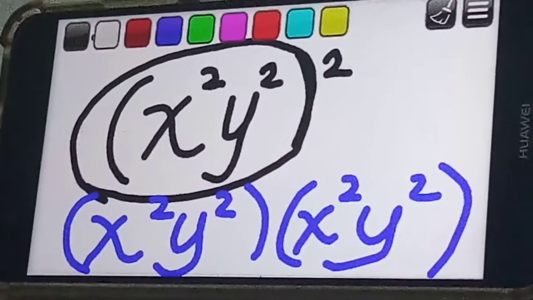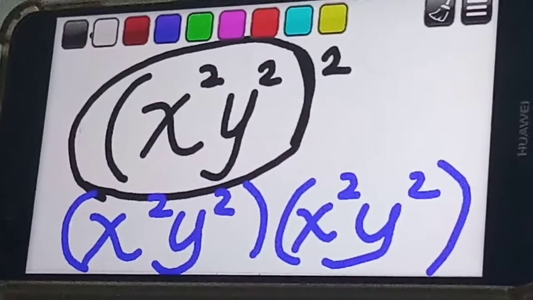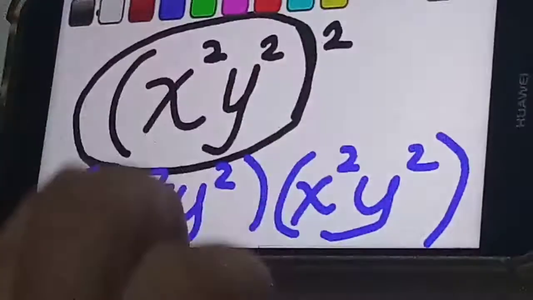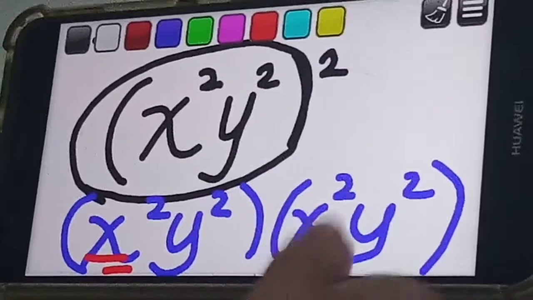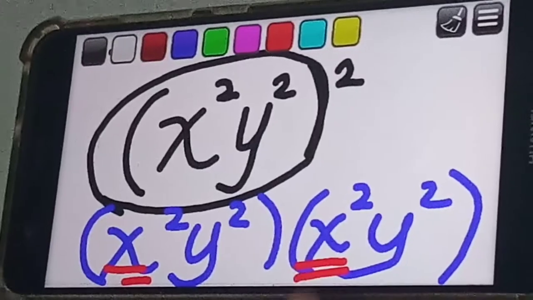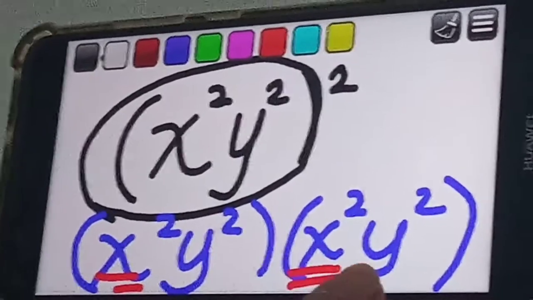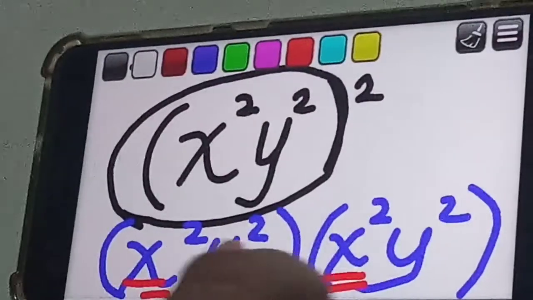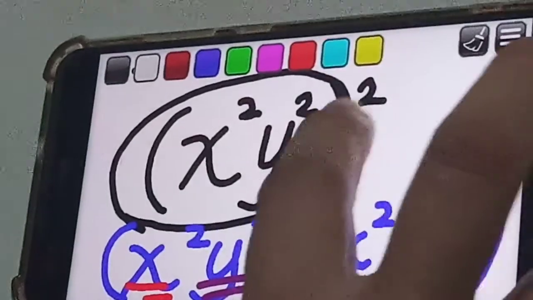Okay? So it becomes multiplying powers with like bases. Like bases are x and x, y and then y. So what do you think will be our final answer?